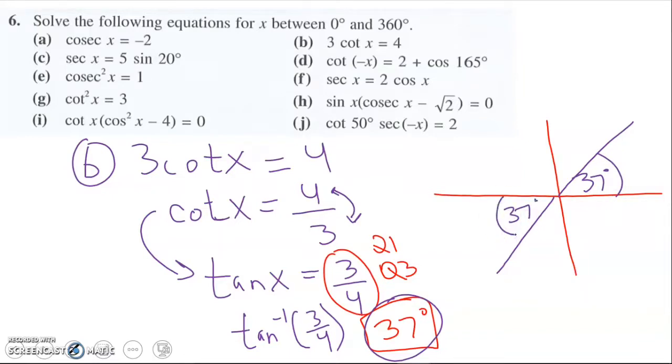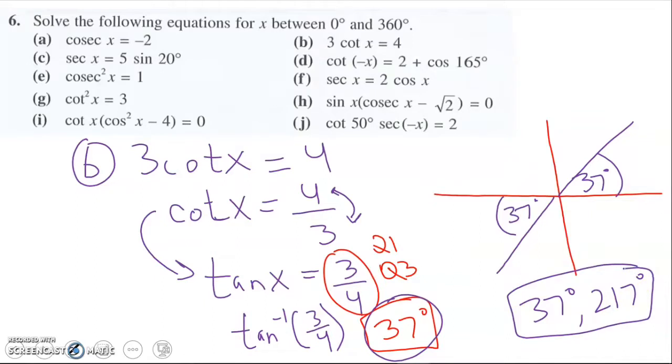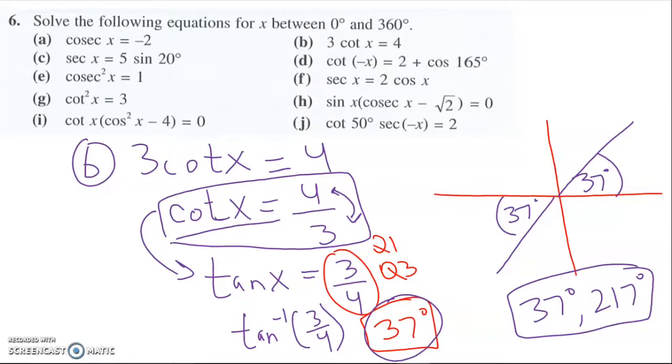You can find your two angles, which again is 37 and also 180 plus 37, which ends up being 217. Okay, so here are your two angles associated with cotangent 4/3. Okay, but you put it in terms of tan, so you can actually find the angle associated with that ratio.